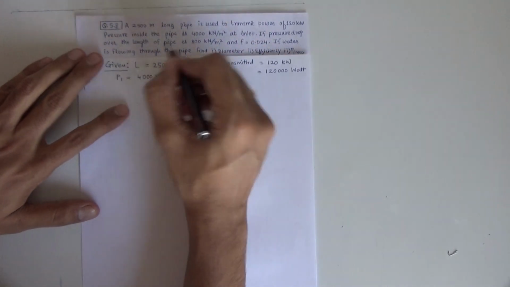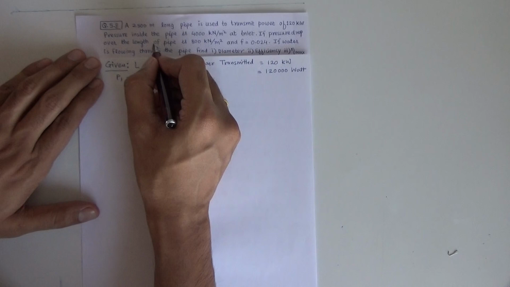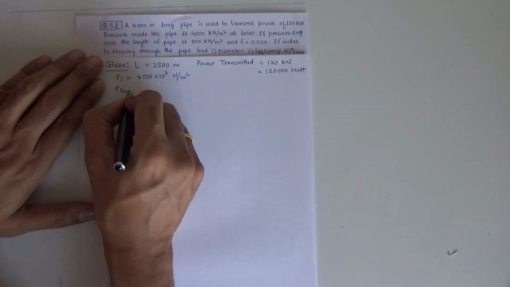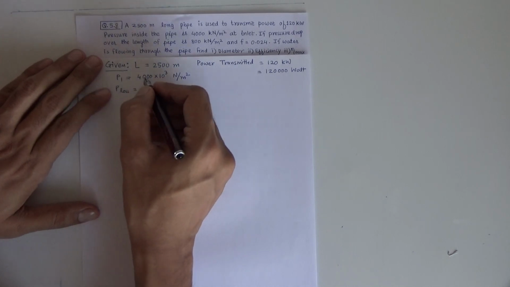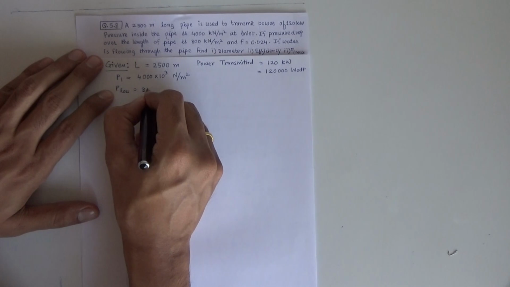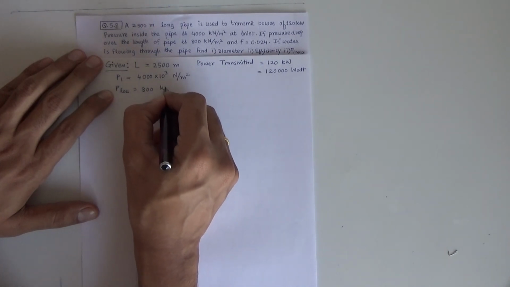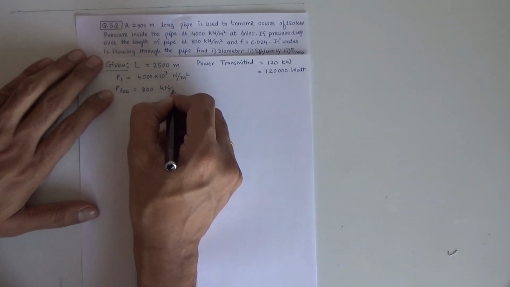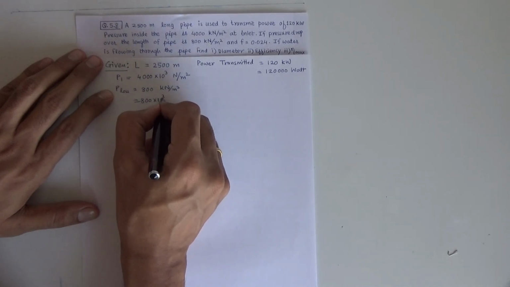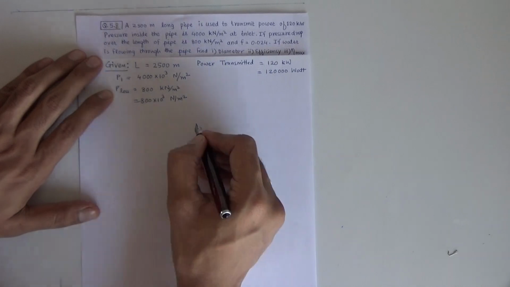At inlet means P1. If the pressure drop over the length of the pipe is 800, means P loss is given. This P signifies pressure, not power. P loss is 800 kilonewton, that is also 10 raised to 3. I should have written this as 800 into 10 raised to 3 Newton per meter square.